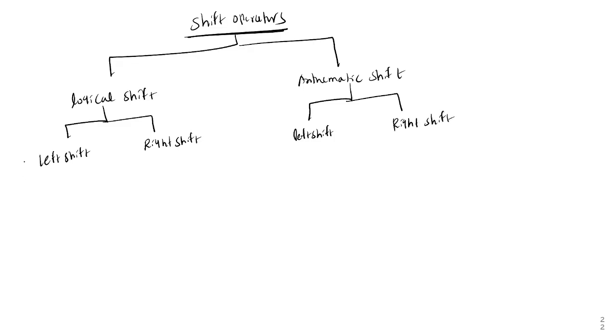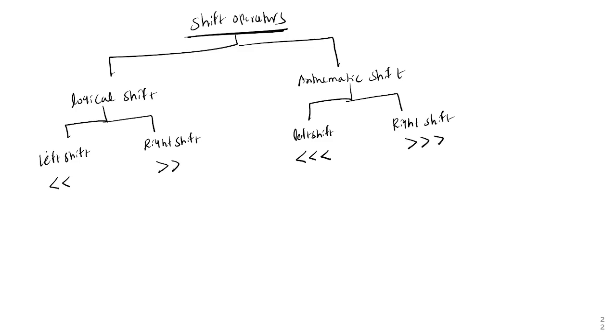Logical left shift means the symbol is this one, logical right shift means the symbol is this one. Arithmetic left shift means the symbol will be 3 less than, and arithmetic right shift means 3 greater than.